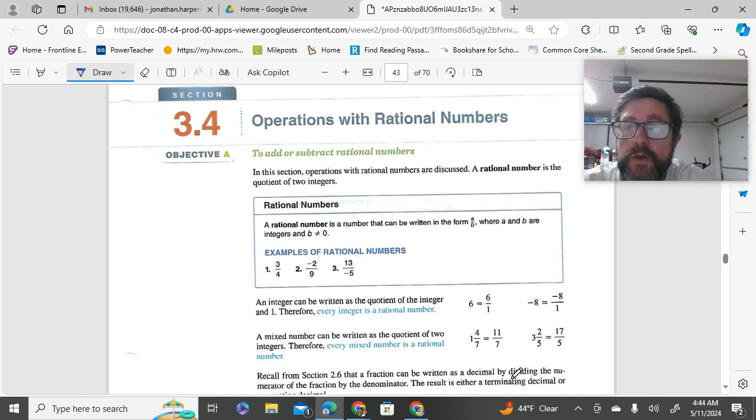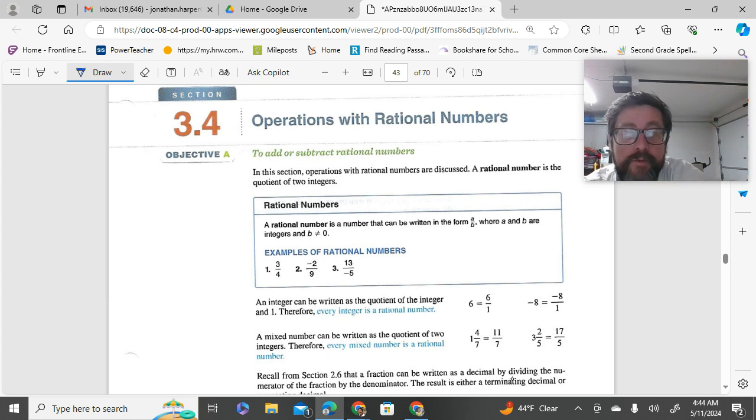A rational number is the quotient of two integers. So that's something divided by something else. A rational number is a number that can be written in the form a over b, where a and b are integers and b does not equal 0.